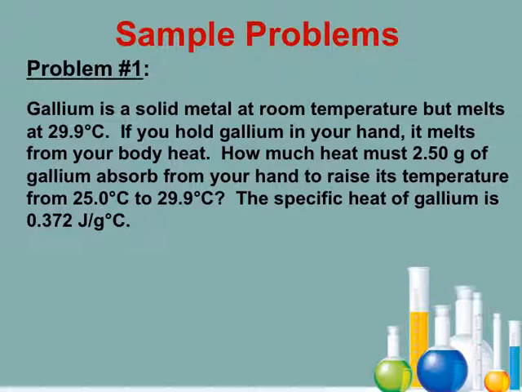How much heat must 2.50 grams of gallium absorb from your hand to raise its temperature from 25 degrees Celsius to 29 degrees Celsius? The specific heat of gallium is 0.372. So that's a little higher. It takes a little more energy to change 1 gram of it by a degree.